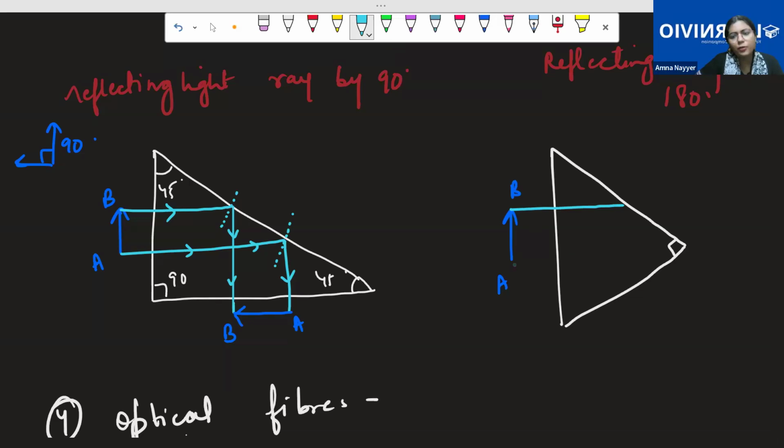The prisms are taken with such values of angle that TIR occurs. So here also TIR will occur, here also TIR will occur. When the TIR occurs, this is how the light rays are formed. And see this way too.